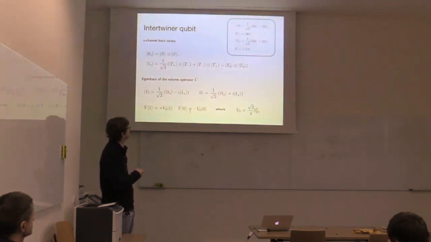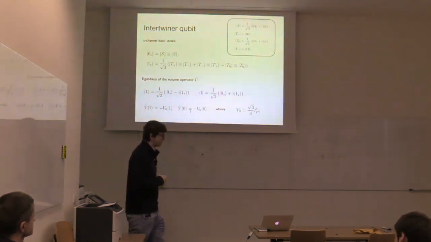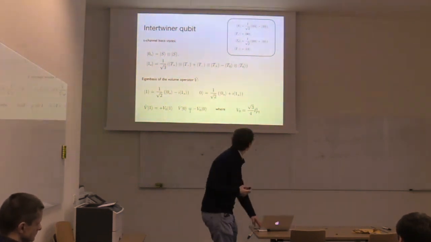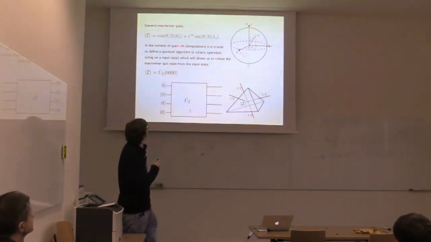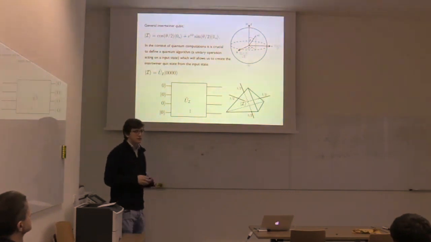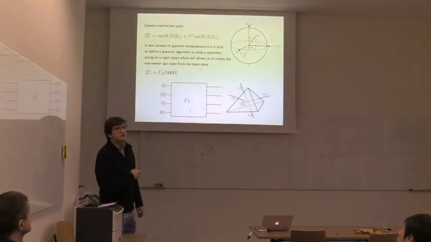You can calculate this knowing the form of the volume operator. This is already textbook knowledge in quantum gravity. So now, having these basis states, you can consider a general qubit state, which it is convenient to express using the angles on the Bloch sphere.